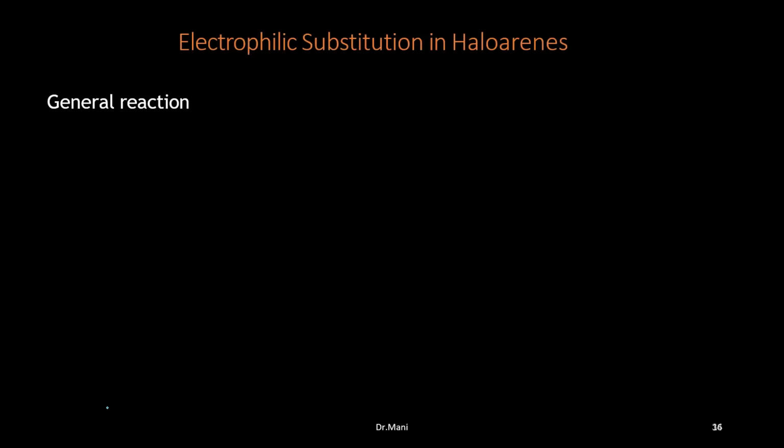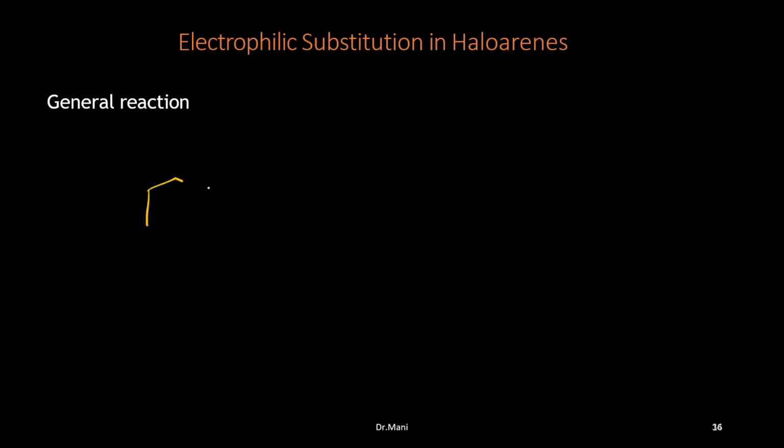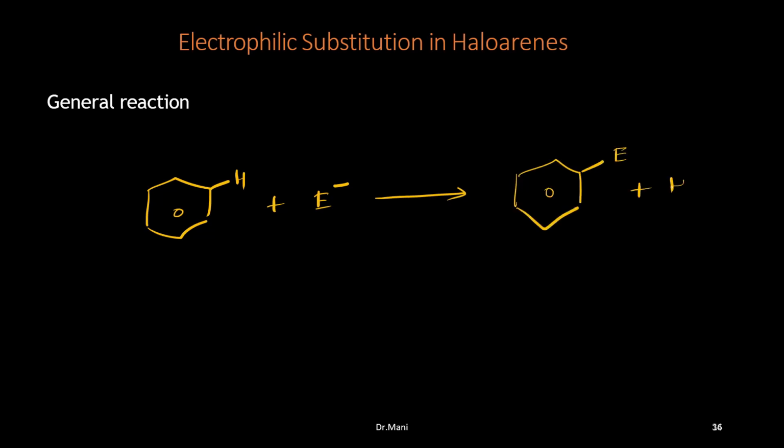The general reaction somewhat looks like this. You take a benzene ring containing a certain halogen. When you put in some electrophile, this electrophile will replace this halogen. So it will attach and the halogen will be removed.